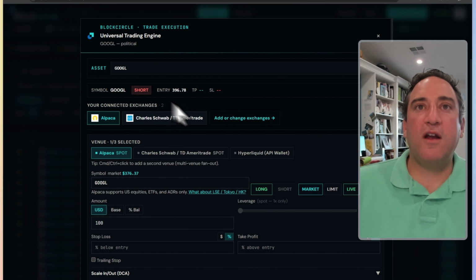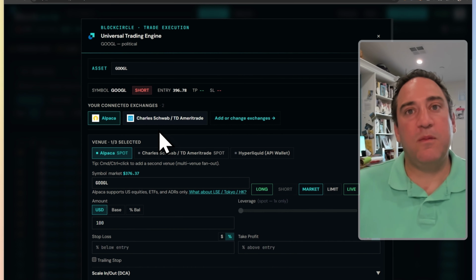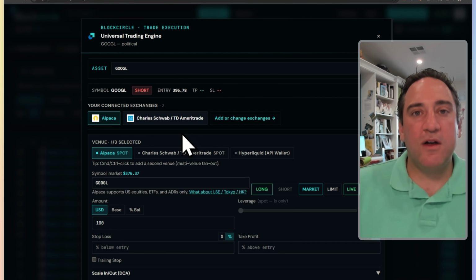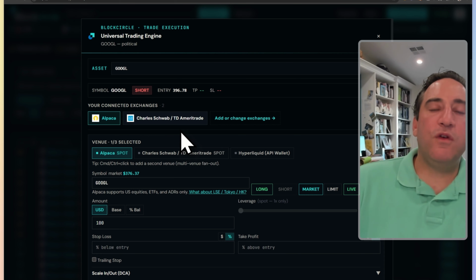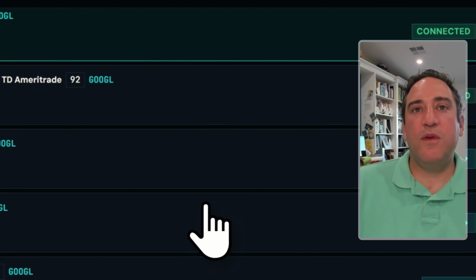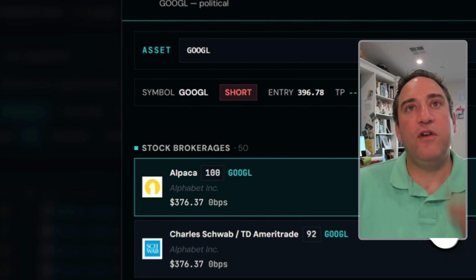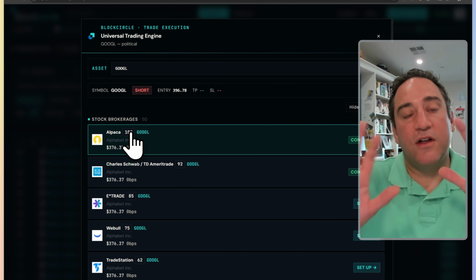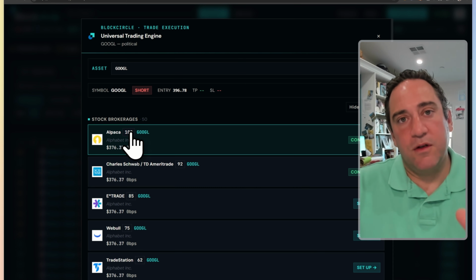So this is where you can connect any exchange that you could possibly imagine. Right now I have Alpaca, Charles Schwab and TD Ameritrade connected. You can have so many other venues, so it's completely up to you. The beauty of this unified universal trade engine is that it covers 150 plus exchanges or brokerage venues.